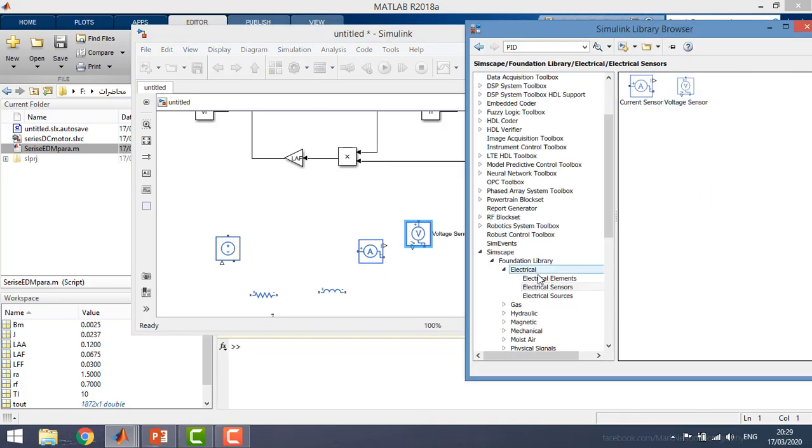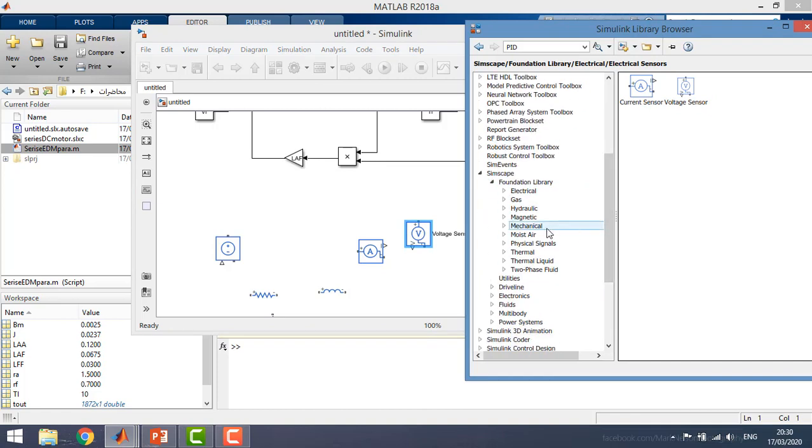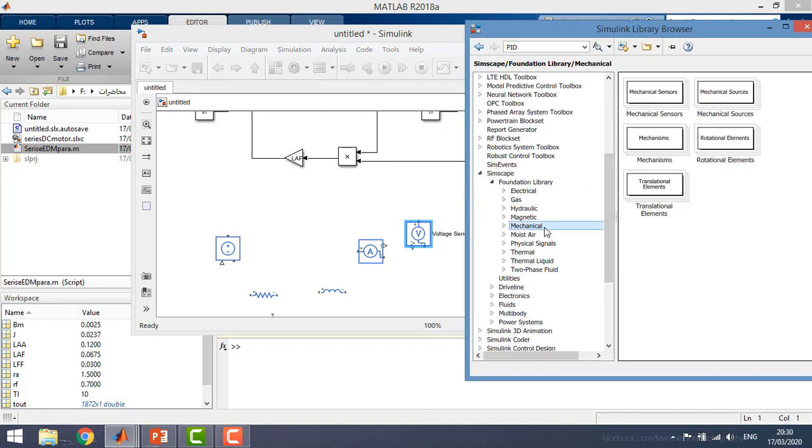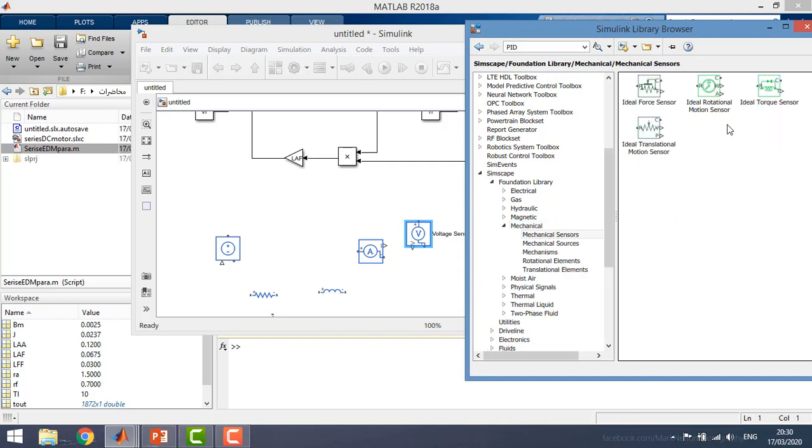Okay, now this is from electrical library, from mechanical library. We have to have, well, from sensors we have to have ideal rotational sensor, which is this one.